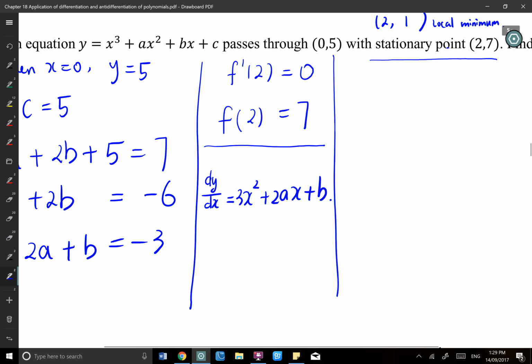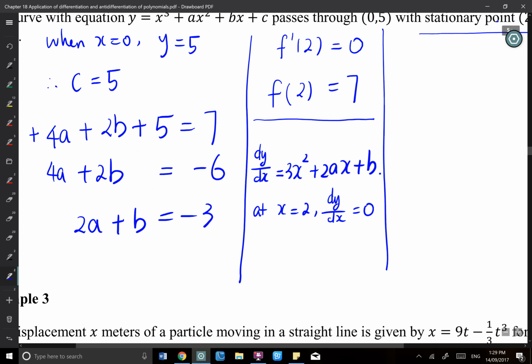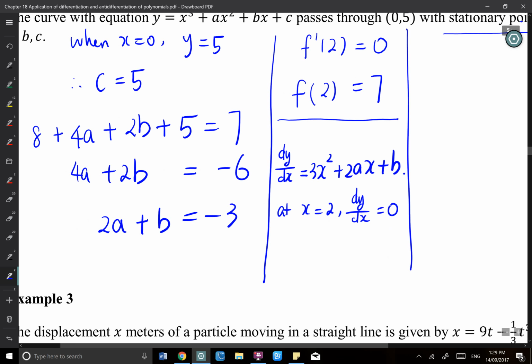So at x equals 2, dy dx will be 0. So what I will know is 12 plus 2, 4a plus b equals 0. So I can have 4a plus b is negative 12.